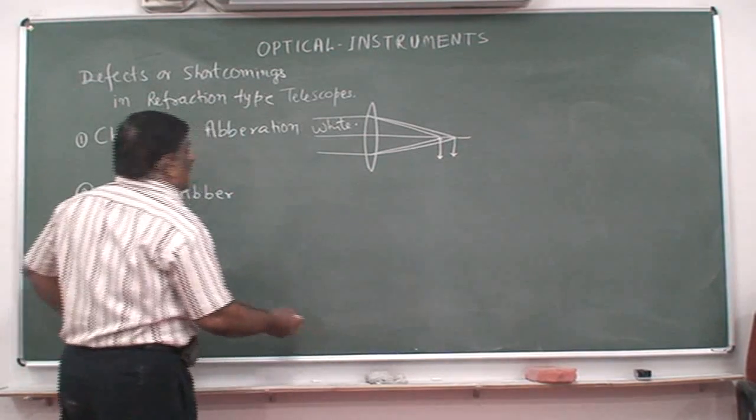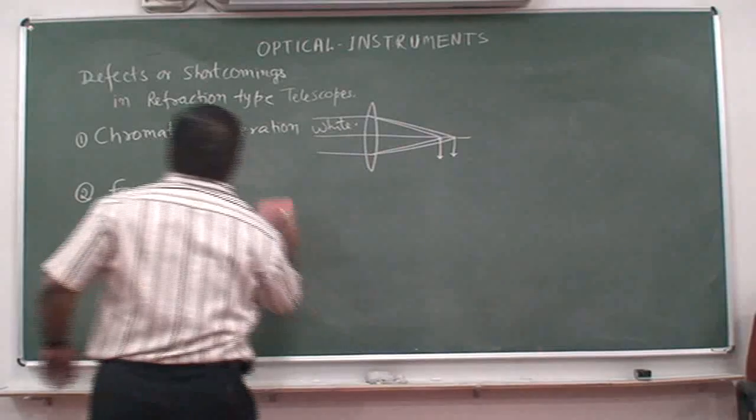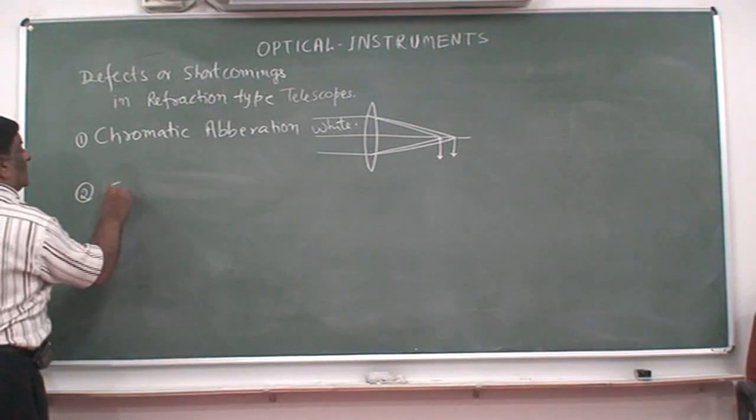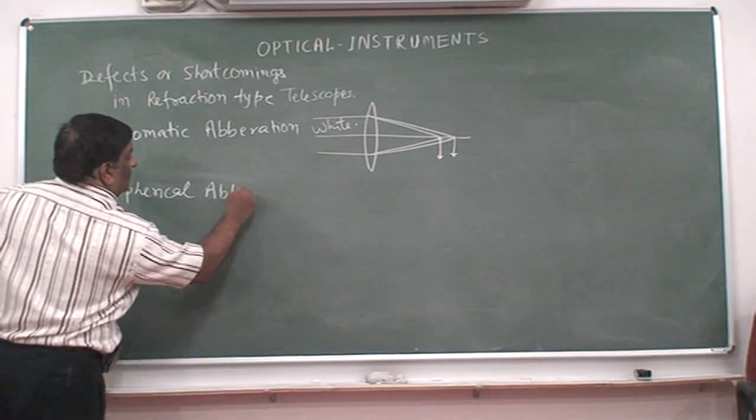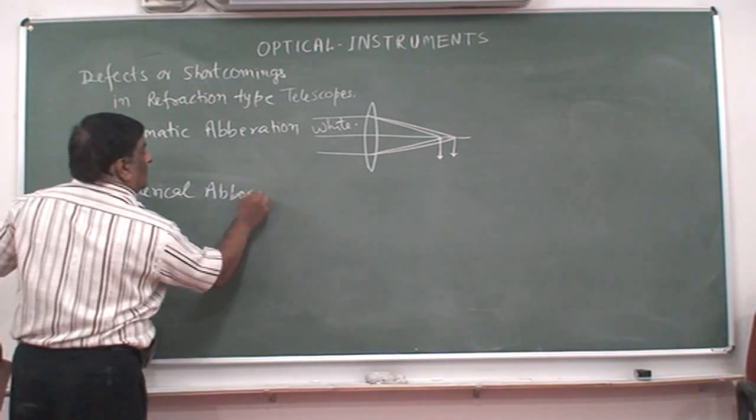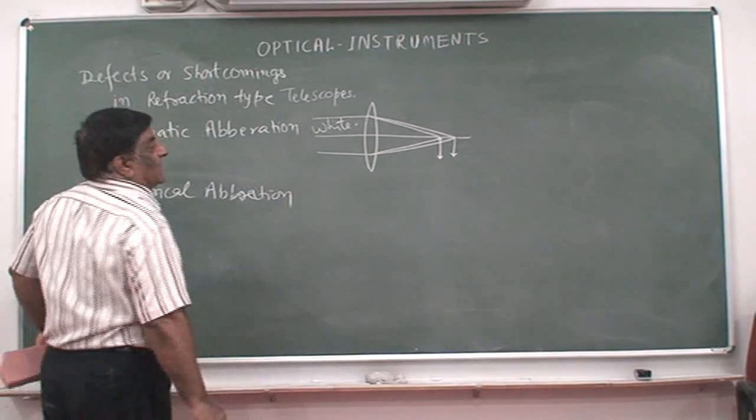Or we call it spherical aberration, because this is due to the sphere. Spherical aberration.